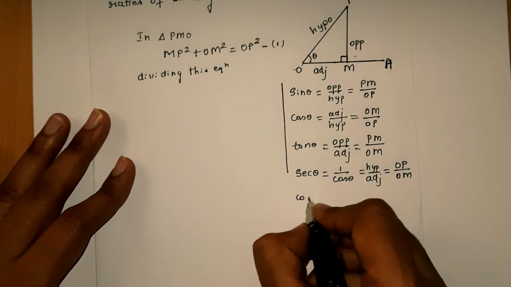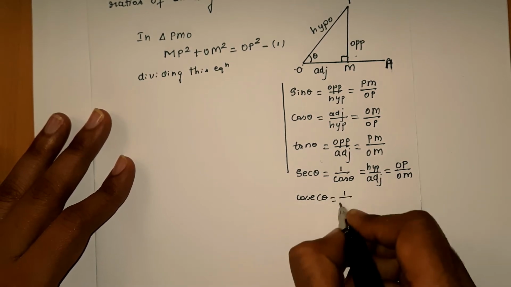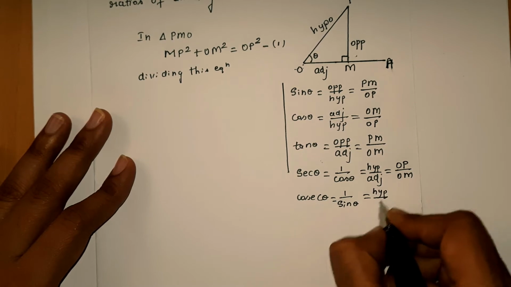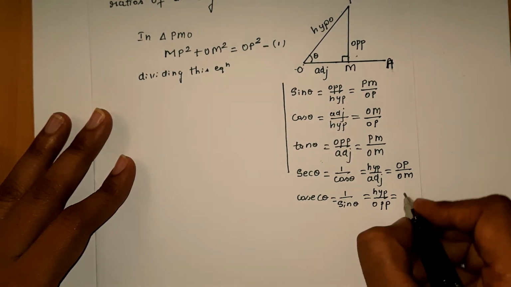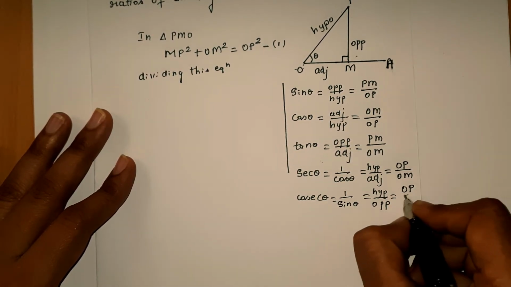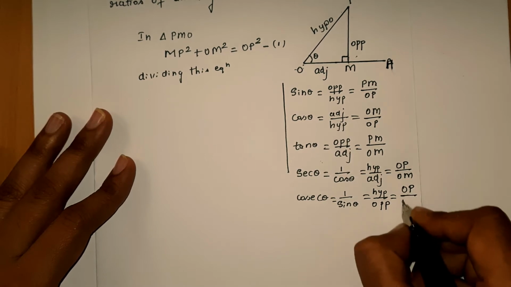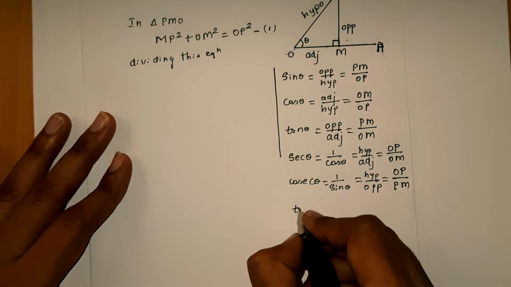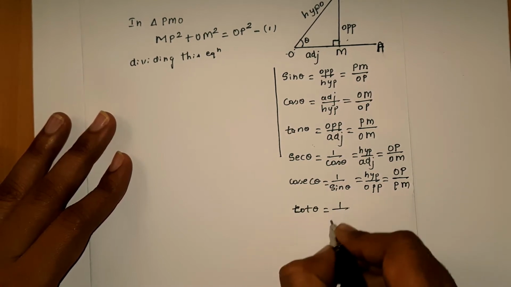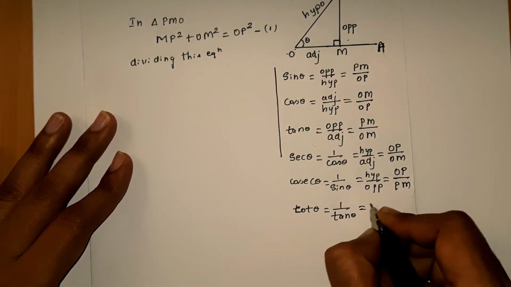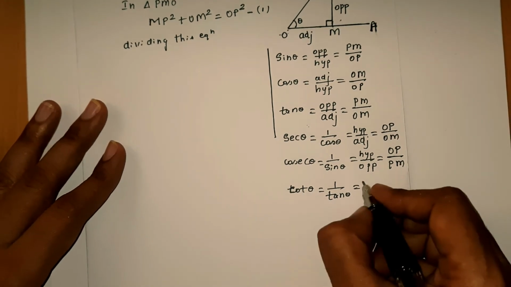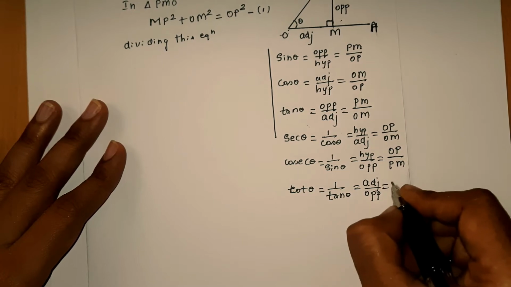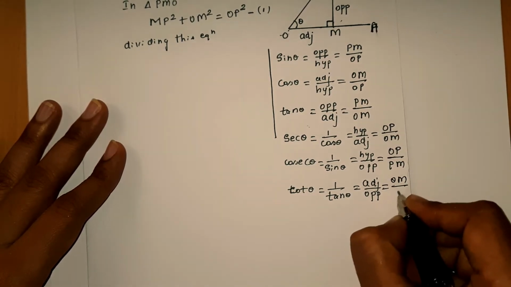In the same way, cosecant theta is given by 1 by sin theta, which is hypotenuse side by opposite side, that is OP by PM or MP. So next, cot theta is given by 1 by tan theta, which is equal to adjacent side by opposite side, which is OM by PM.